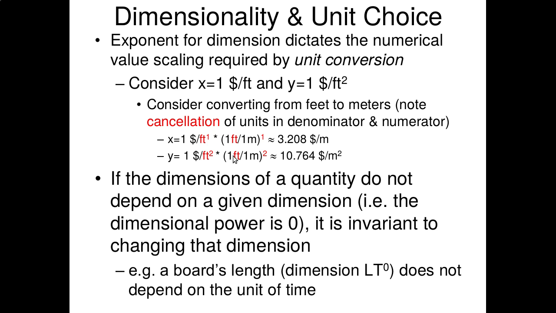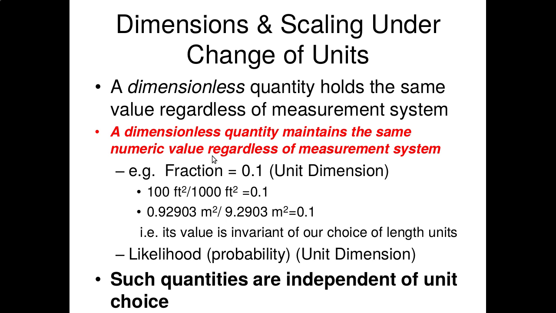When you change from feet to meters, for example, by what number do you need to multiply this 1 to get feet per square meter? Well, it's 10.76 because it's this squared, and y squared because of that exponent.